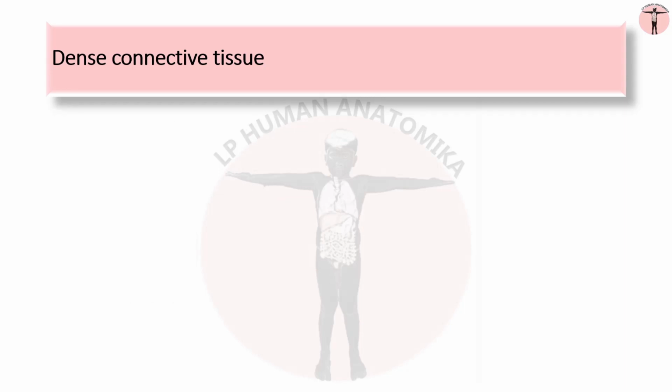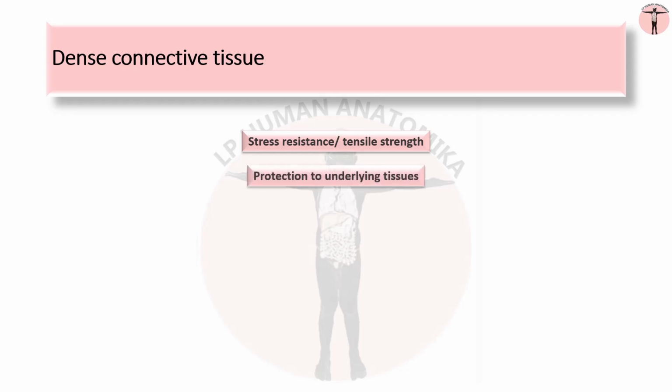Dense connective tissue. It is also called white fibrous tissue since it appears white when seen with the naked eye. Dense connective tissue is adapted to offer stress resistance, that is tensile strength to the tissue, which means it is less flexible and more resistant to stress.